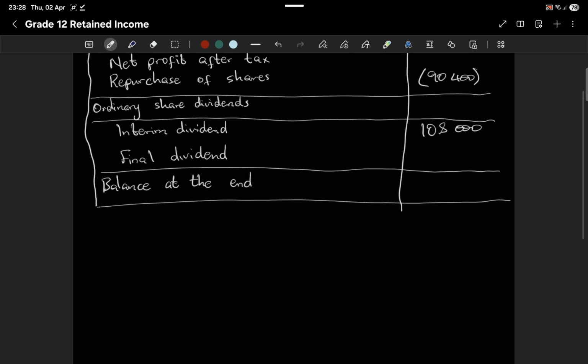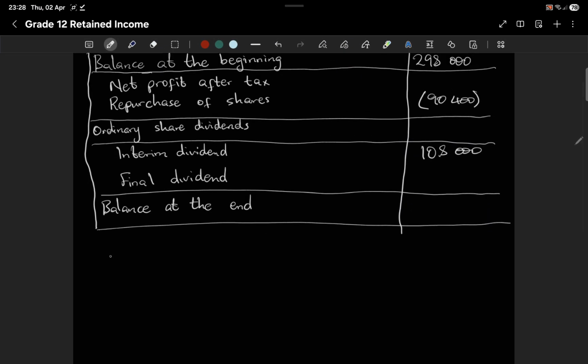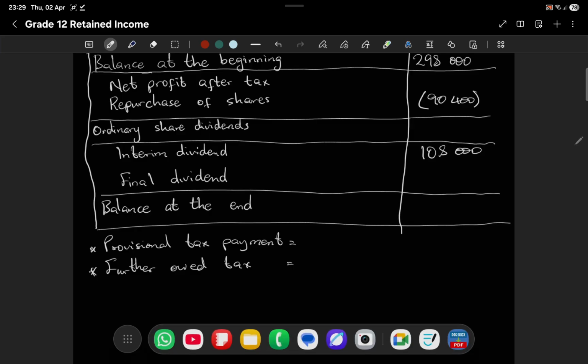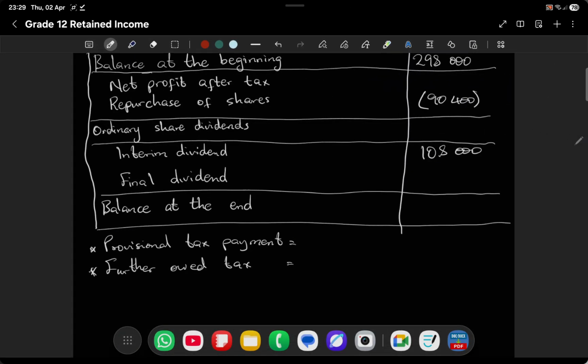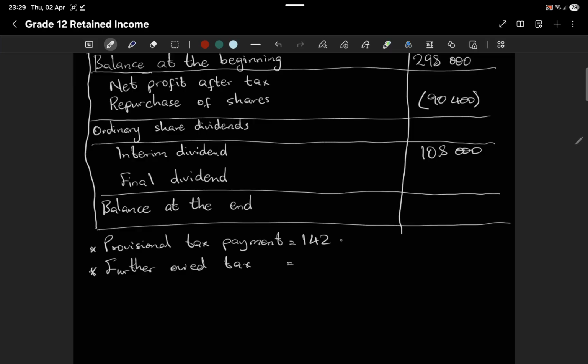Okay, let's calculate it down here. We have provisional tax payment, then we have, let's just say, further owed tax. The provisional tax payment is 142,768.